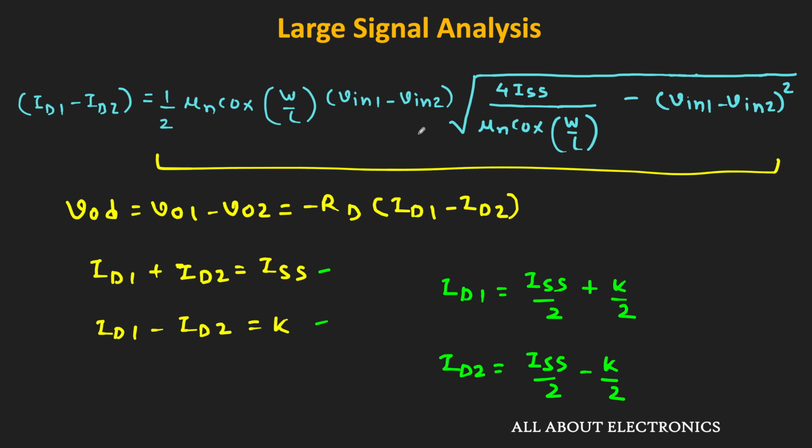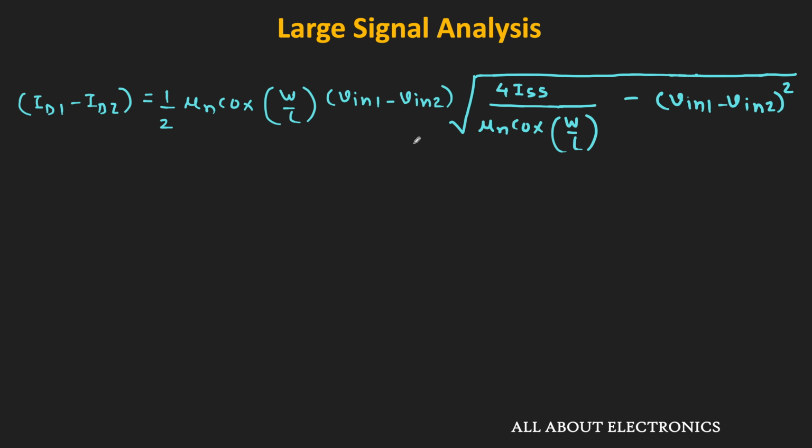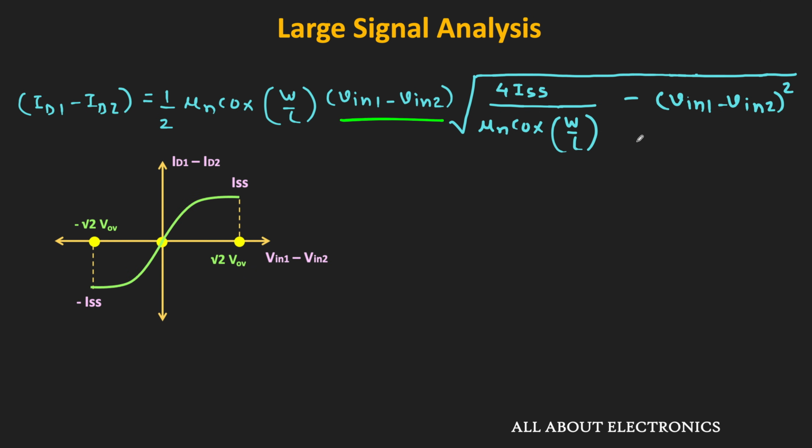Alright, so once again, if we come back to this expression, then as V in 1 minus V in 2 increases, then this drain current ID1 minus ID2 will increase, because in this expression, this first term will rise more rapidly compared to the square root term. That means initially, we will get this type of response which we have seen earlier.